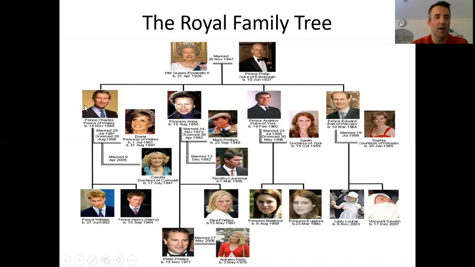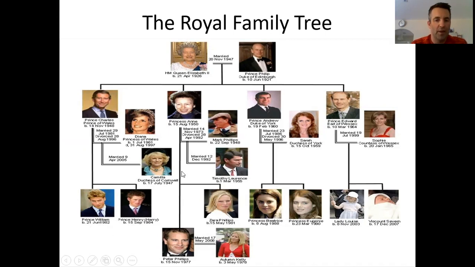And then next to these children are the people that they have married. Okay, so you'll see different people that these royals have married with. And then underneath the Queen's children, you've got their own children. So Prince Charles has got 2 children here, Prince William and Prince Harry.